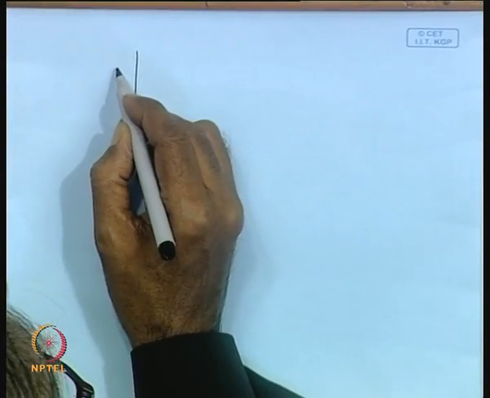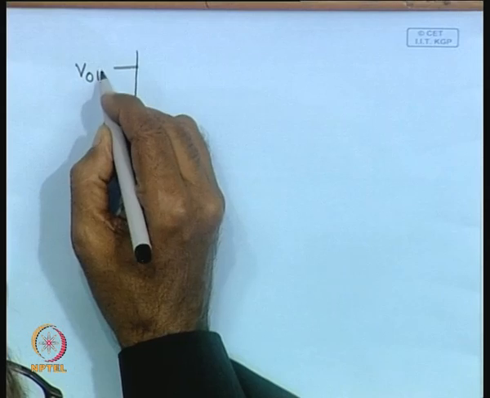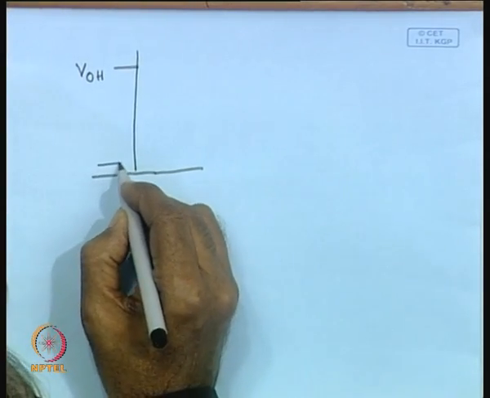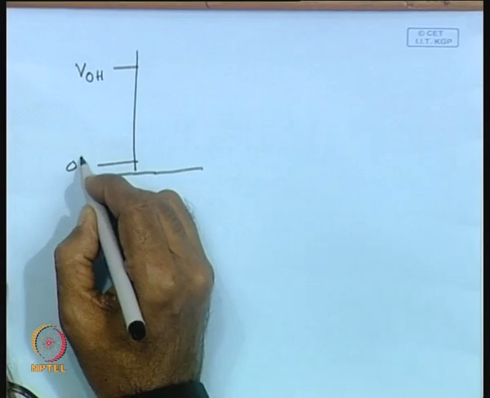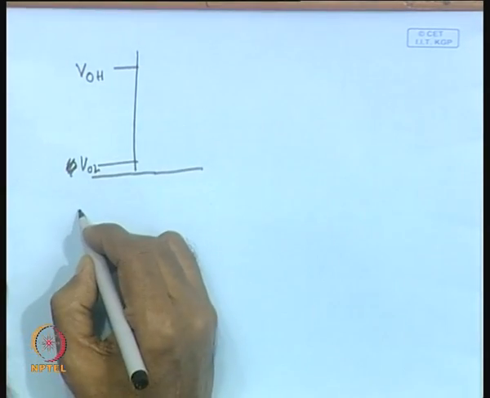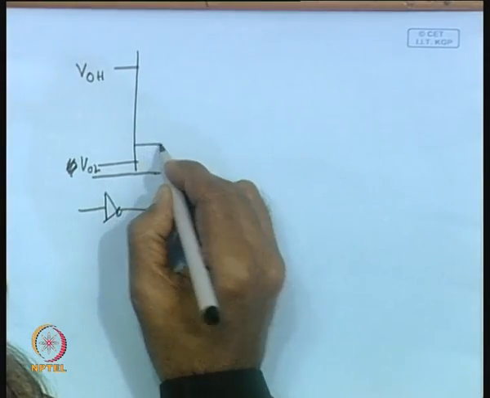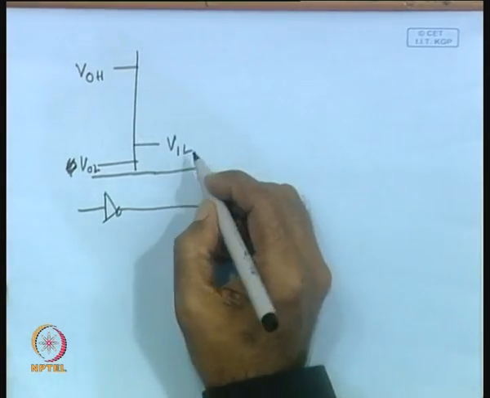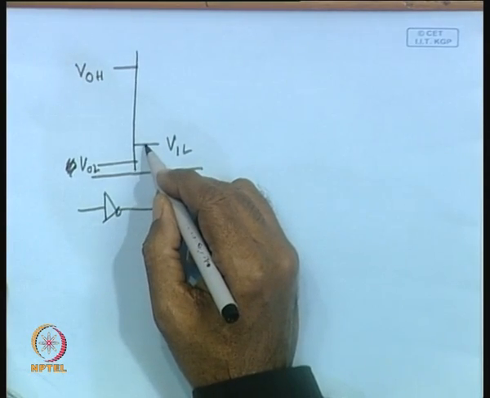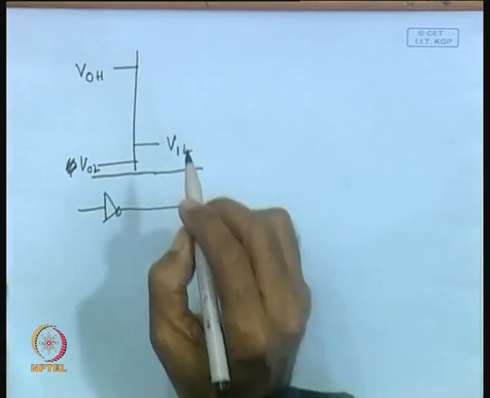We know that this is the VOH that is being generated by the device, and similarly VOL that is generated by the device at the output, say the inverter is producing that. On the other hand, we are expecting VIL at the input, as long as it does not exceed that limit, we shall be considering that low level as low level.